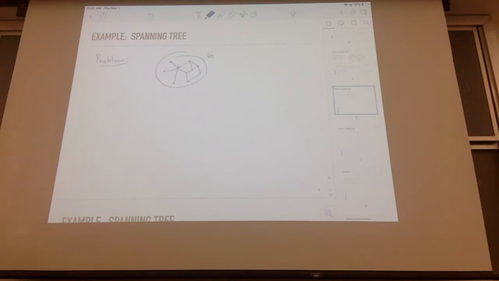And your goal is to select as few edges as possible, or in terms of weight, select a subset of edges of minimum total weight so that the graph is connected.